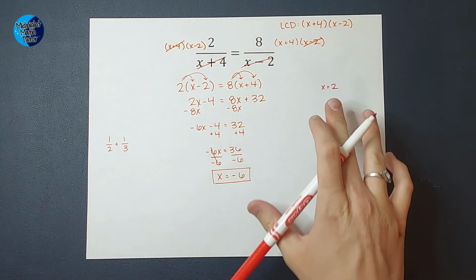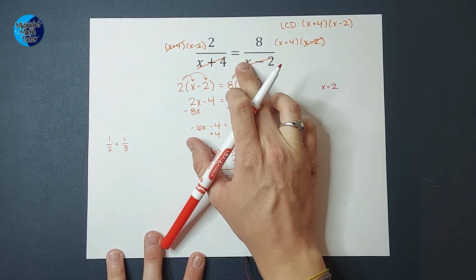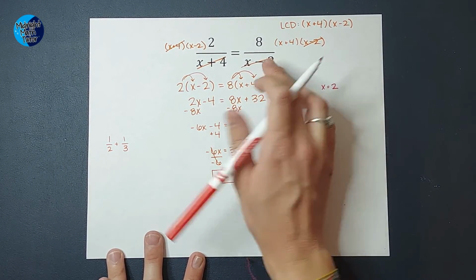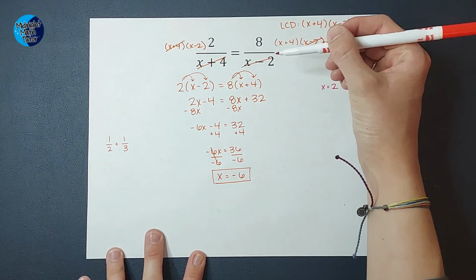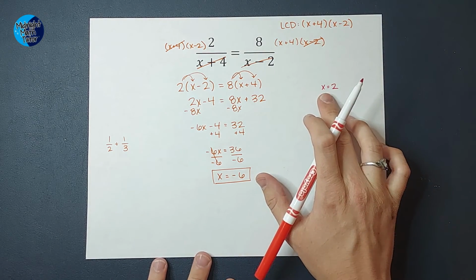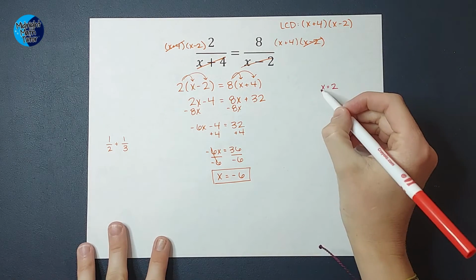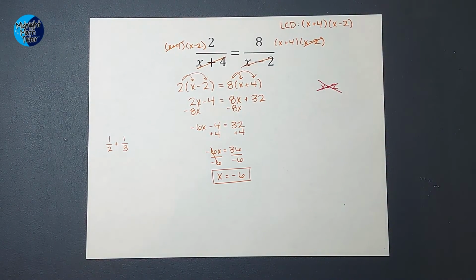Pretend I solved down and that was my answer. Well, if I went back and tried to plug that in, I would get 2 minus 2, which would make this 8 over 0, right? And zeros in denominators are like the worst thing in math, right? So if I had gotten x equals 2 as an answer, then it would be an extraneous solution and it would not actually be a solution, okay?